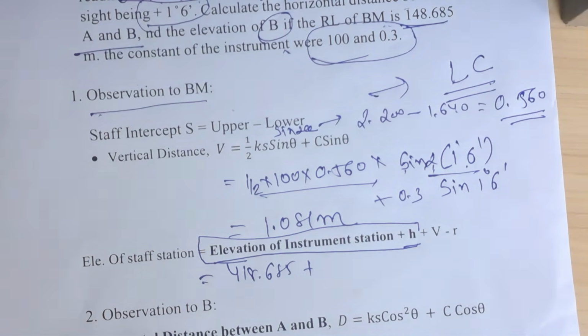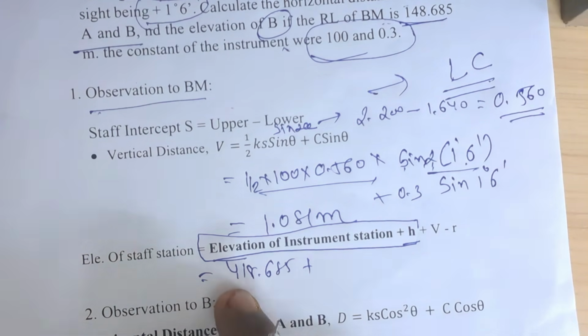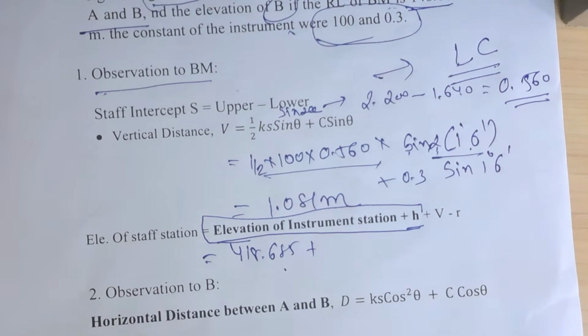In this case no height of the instrument is given to you, so simply we can ignore the h point because we are going to calculate the elevation of the collimation. Okay, so this will be your line of collimation.